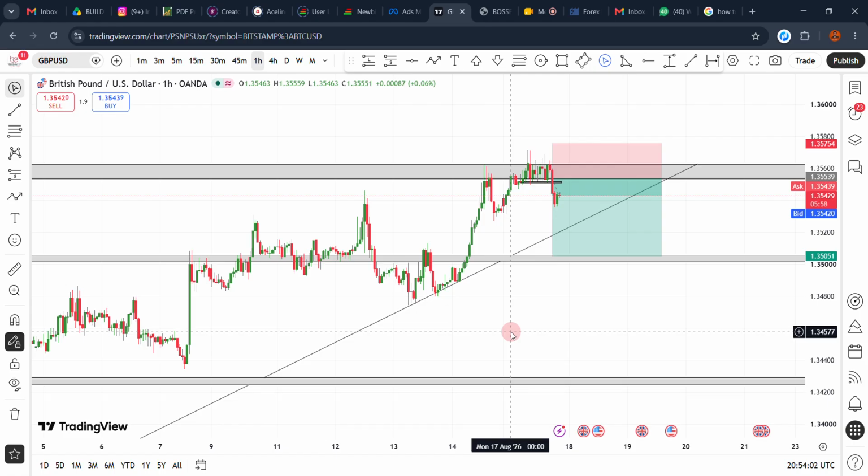So top-down analysis helps you to analyze the market from the higher time frame to the lower time frame. When you go to the higher time frame, you get a bigger picture of the market. When you come to the lower time frame, you start making decisions based on what you did on the higher time frame, and it's going to be very easy to know where the market is going, because you've seen those zones on the higher time frame.